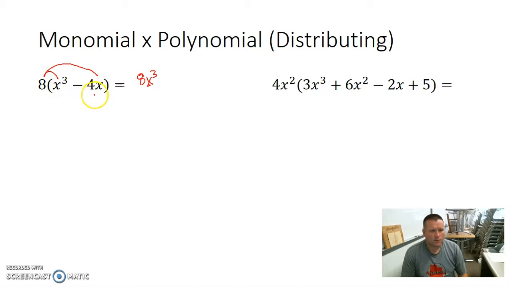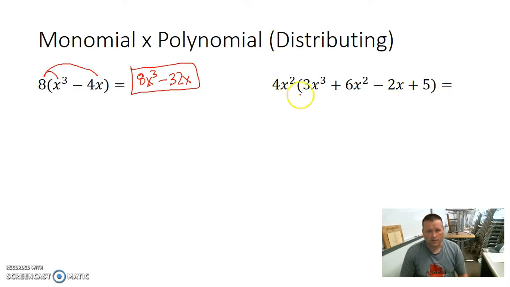So 8 and 4 can multiply because those are our coefficients. So we go negative 32 because that's what 8 times negative 4 is. And then I leave my x there, and my exponent doesn't change because there's nothing to add to it. So again, multiply your coefficients, add your exponents.